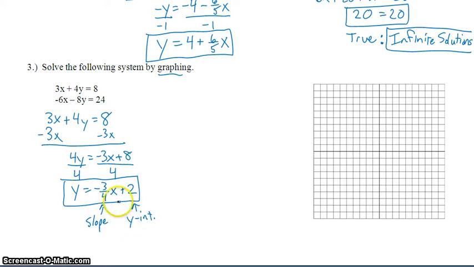To graph this line, find 2 on the y-axis and graph a slope of negative 3/4. 1, 2, 3 down, 1, 2, 3, 4 to the right. 1, 2, 3 down, 4 to the right. To get a negative slope, I can go down and to the right, or up and to the left.